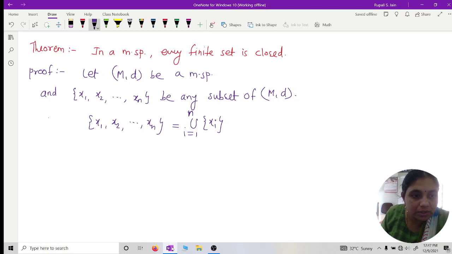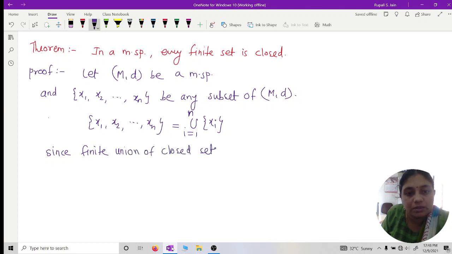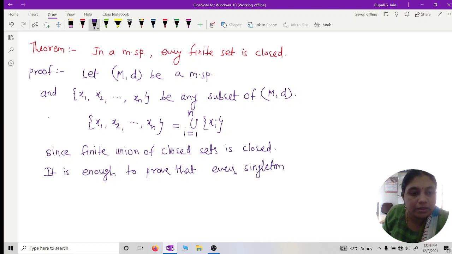So since a finite union of closed sets is closed, it is enough to prove that every singleton set is closed. So my claim is every singleton set is closed.